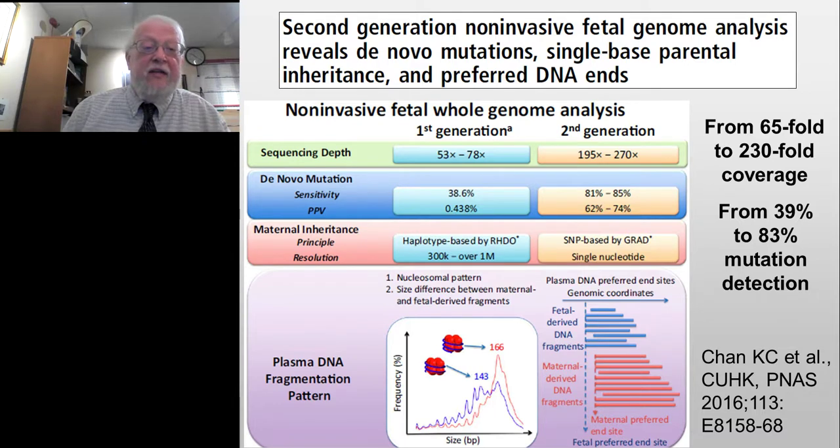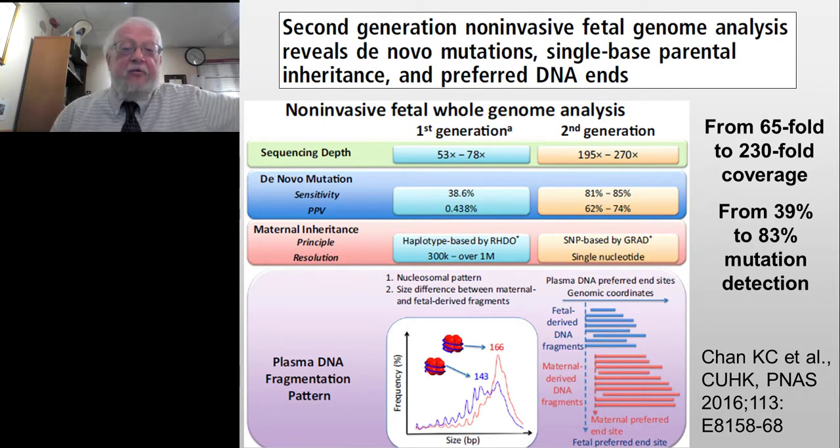But they actually showed that they could identify about 80 to 85% of mutations that would be identified using a whole genome scan on pure fetal material. So they're getting pretty close to identifying most of them. And the positive predictive value was up in the 60, 70%. So when they found one, there was a 60 or 70% chance that it was true, which is okay. But you can see that this is not something that's going to be in general use in the near future.